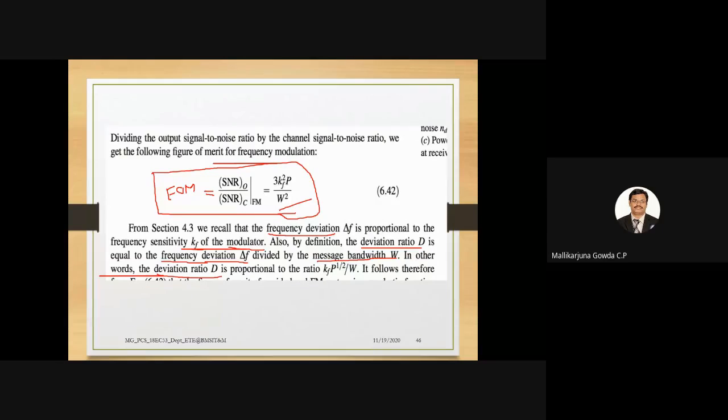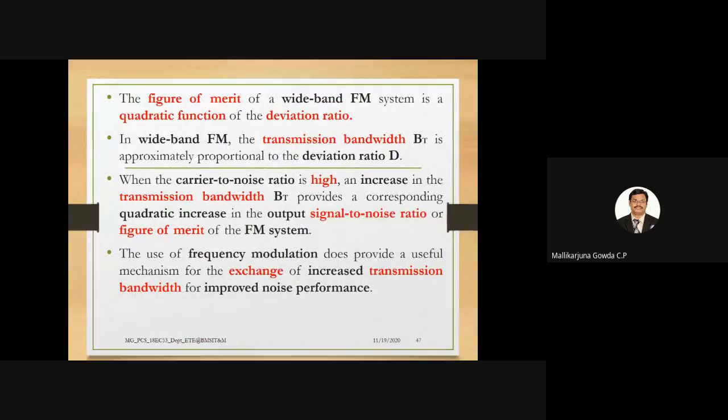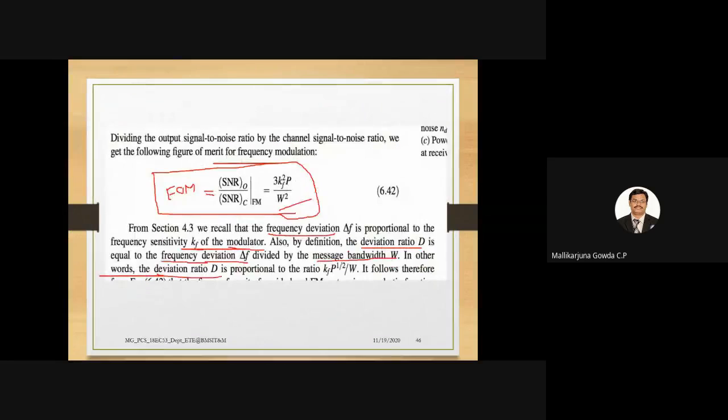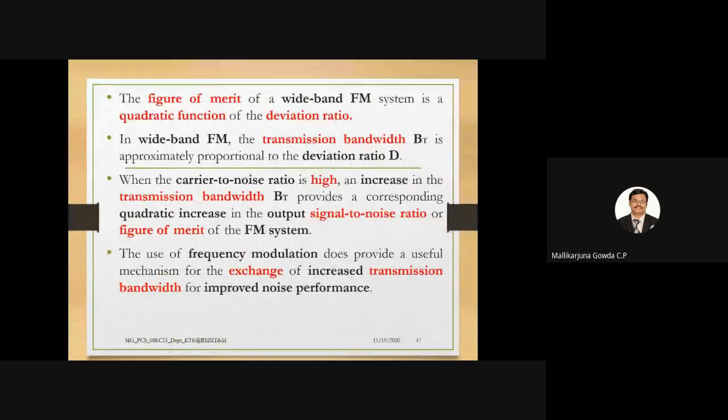Now, we'll consider as an example the sinusoidal message signal and try to find out what the figure of merit will be for that, as we have done similar to DSBSC and AM. Looking at this equation, what we are observing here, see, there is a quadratic component. The figure of merit of the wideband FM is a quadratic function of the deviation ratio.